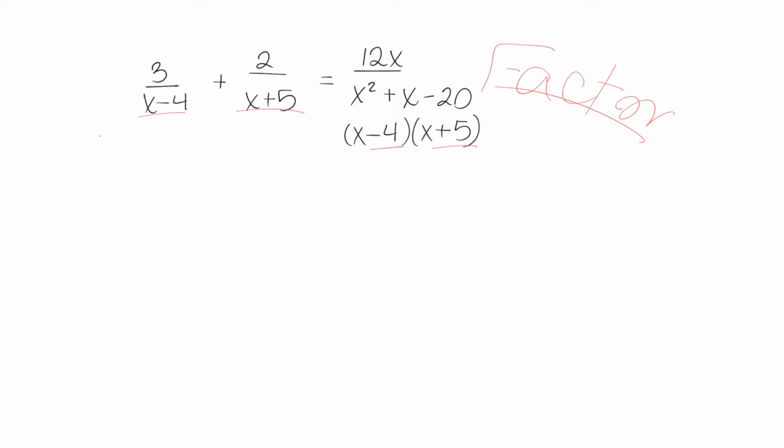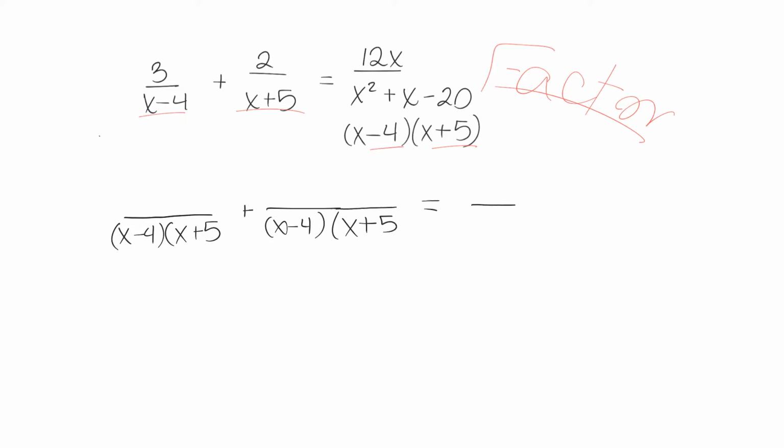So, same process. We're going to write this thing out again. x minus 4 times x plus 5. x minus 4 times x plus 5. It's getting long. x minus 4 times x plus 5. So, over on this one, what do we need to multiply by?